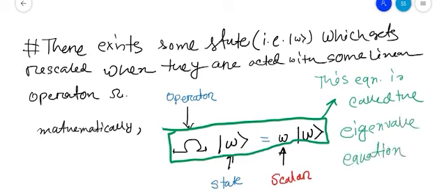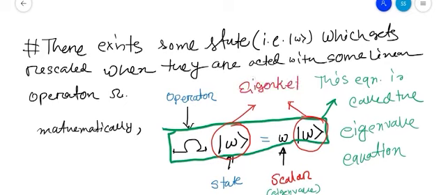This scalar is our eigenvalue, and these kets, this one and this one, are called eigenkets, or eigenstates if you talk in terms of physics, because in physics we use kets, vectors and vector spaces to represent states.